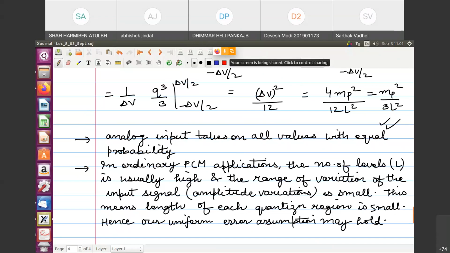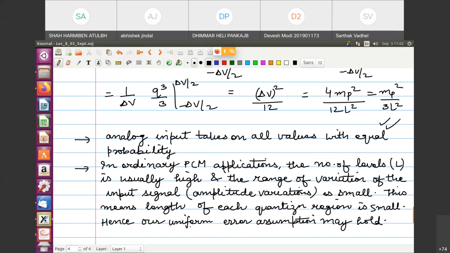Okay. Now, what we are saying is that the input which we are taking doesn't have very large abrupt transitions. It means that the amplitude is varying somewhat slowly. So if it is varying somewhat slowly, it can take all values with equal probability, suppose, within the point of consideration. Let us say between minus MP to MP, or even if it doesn't take all the values from minus MP to MP, it is a low level signal which slowly varies.